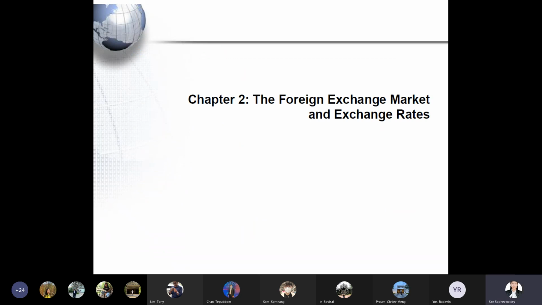Chapter 2, or lecture 2, we're looking at the foreign exchange market and the exchange rate, because it's one of the important topics in international finance. We examine the foreign exchange market and where the exchange rates are determined.